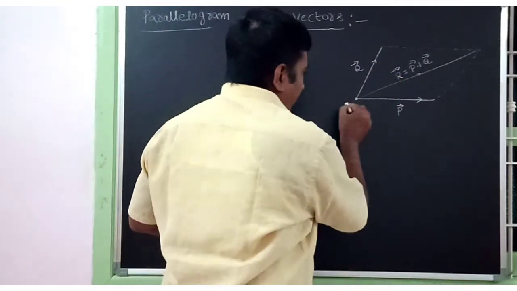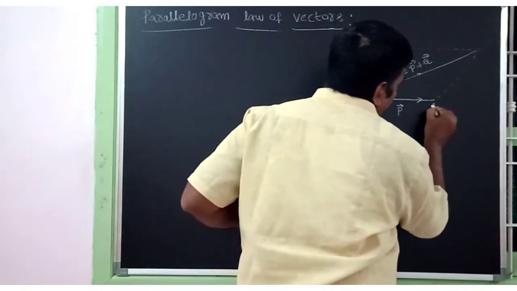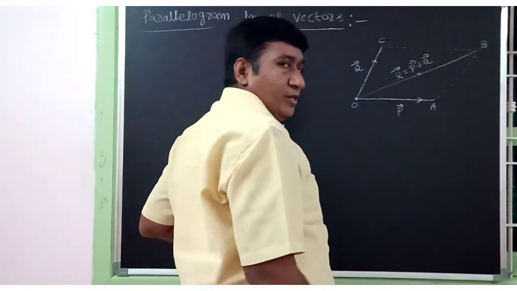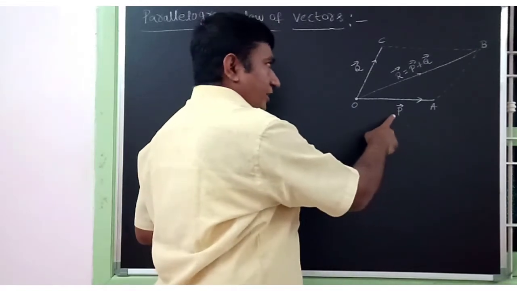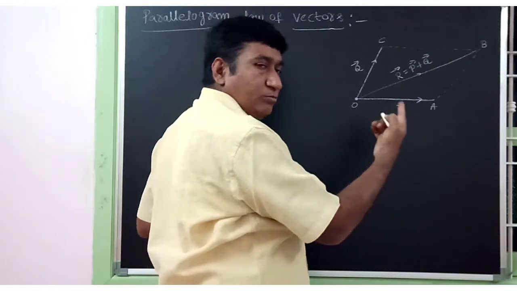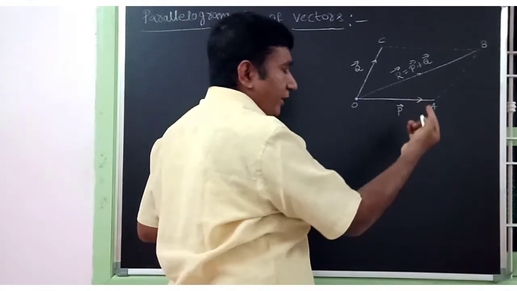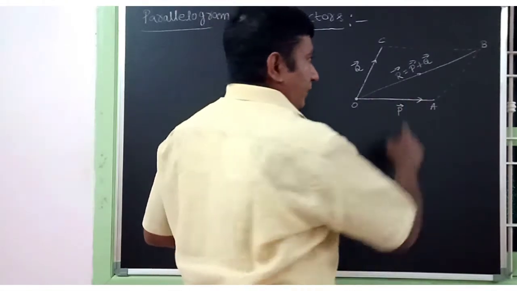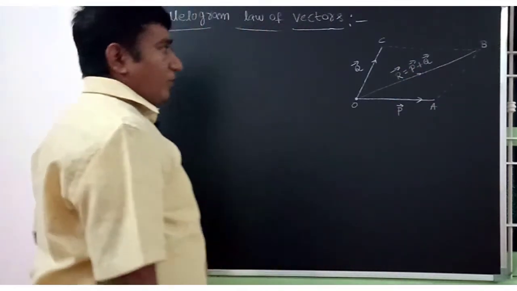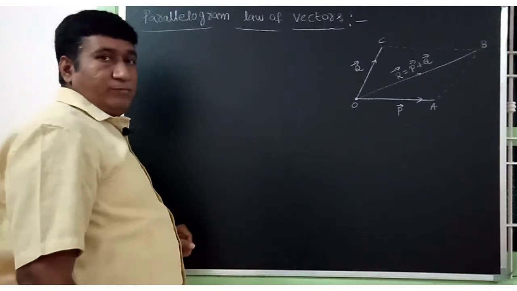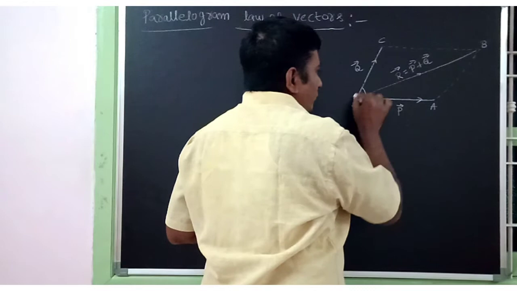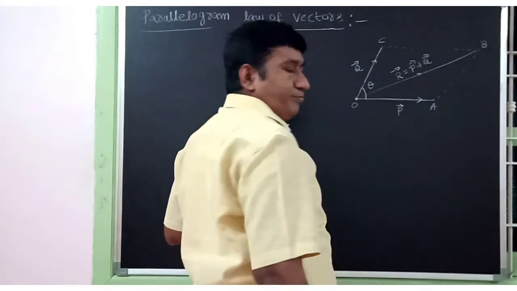For that I can take here O, A, B and C. Here we can take P and Q, or we can take A and B also. In some books they take P, in some books they take A and B, whatever it may be. Here we are going to prove it with the help of this parallelogram. The angle between P and Q is equal to theta.